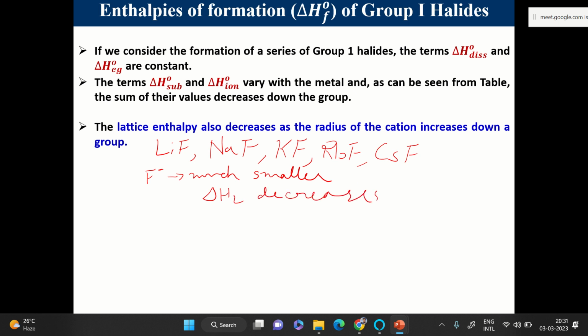You also have a decrease in the delta H sublimation plus delta H ionization; these things also decrease.